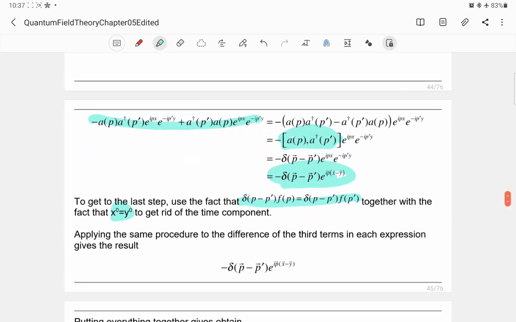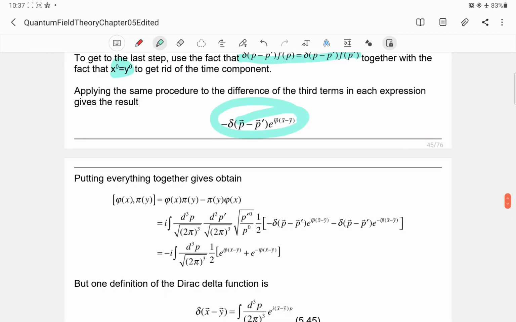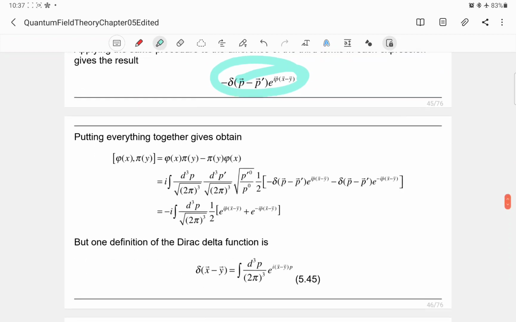And so applying the same procedure to the third terms in each expression will also give you a result which is equal to this. So finally, our commutation relation would have to be, by the way, this is just equal to this one.